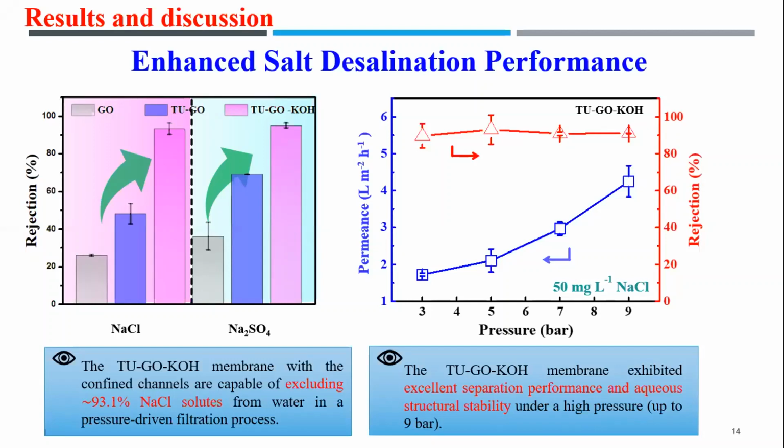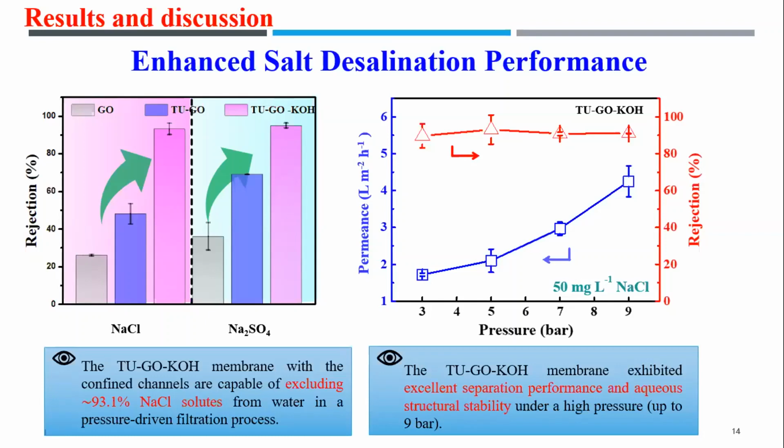And the results show that the rejection of the SiO2-graphene oxide potassium hydroxide membrane rose up to 93.1% for sodium chloride solution in the pressure-driven filtration process.